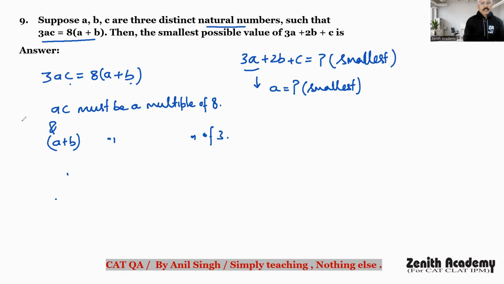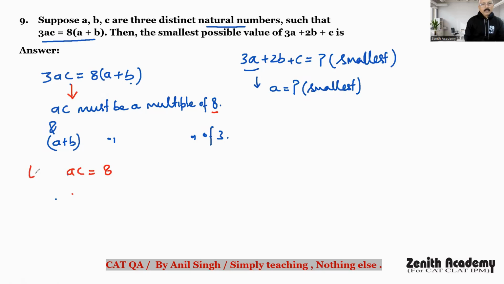Okay, so this is a clue for working out the values of A, B, and C. The smallest possible value of A is required, and from these relations we are reaching the conclusion that AC must be a multiple of 8. Since the smallest value is required, let us take the first multiple, so AC is 8.